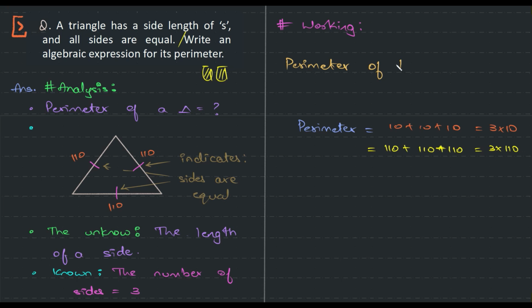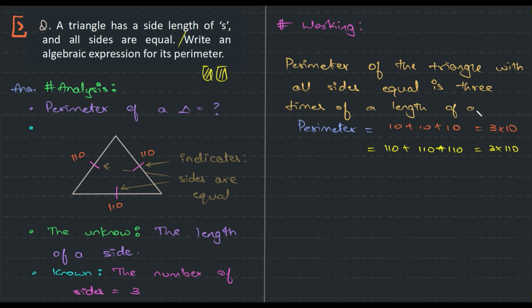Perimeter of the triangle with all sides equal is 3 times the length of a side.